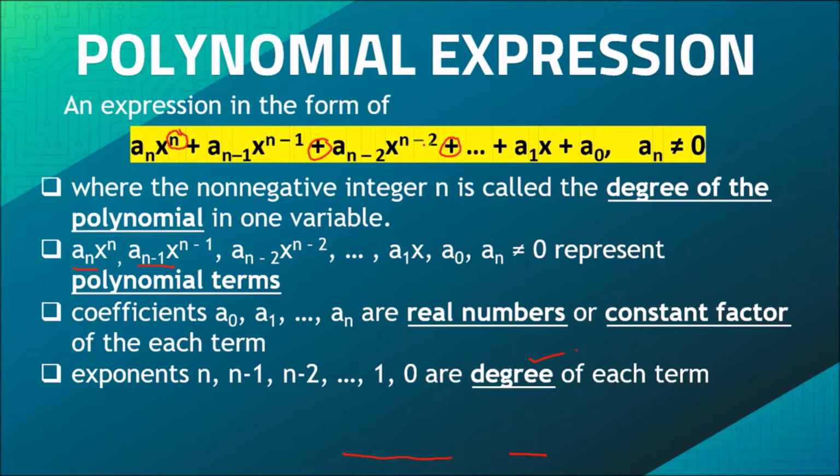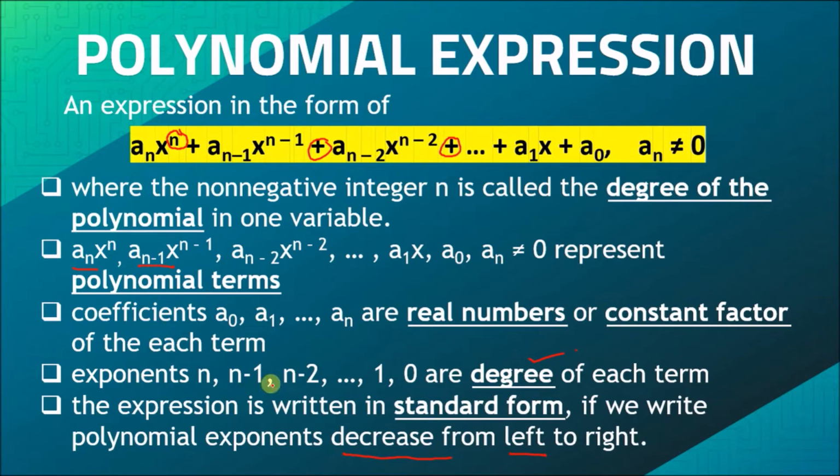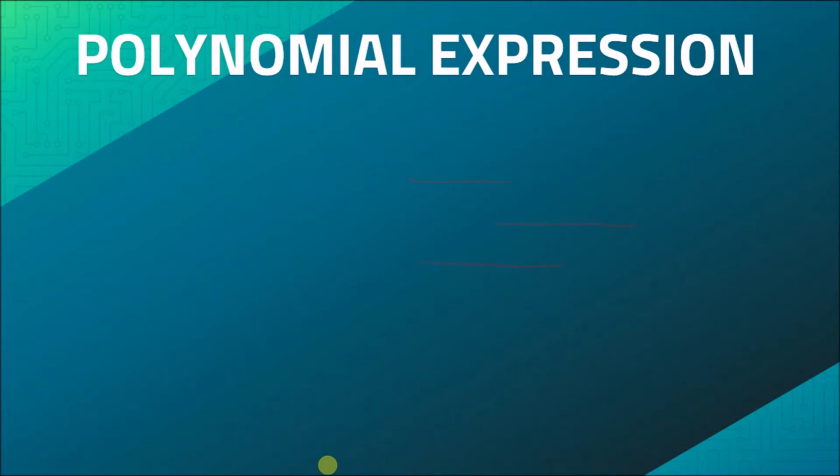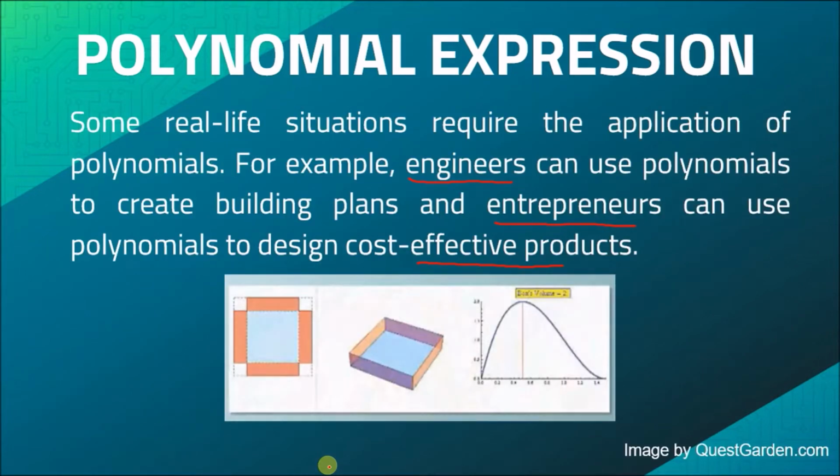Sila yung mga naka-descending, or kapag hindi naka-standard, maaaring makikita nyo sila sa itaas na part ng ating variable. And if it is written in standard form, mapapansin nyo na yung mga exponent niya ay decreasing from left to right. So, i-apply natin actually yung polynomial na ito in the long run.